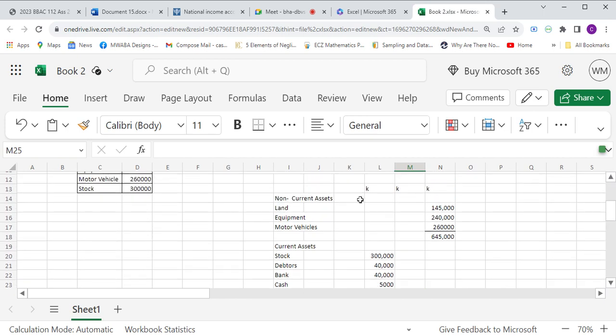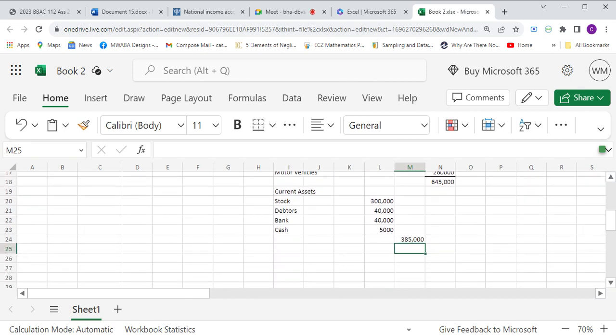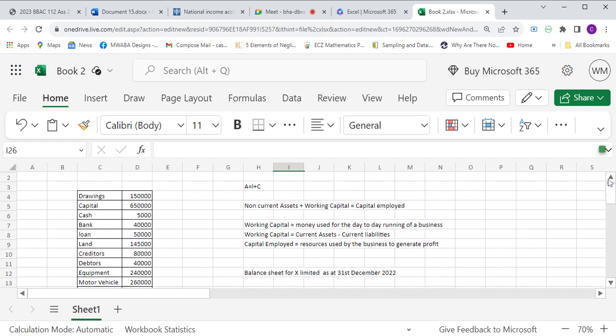Next, we're going to list out our current liabilities. This is what you owe that must be paid within a year. So let's see what our current liabilities are here.